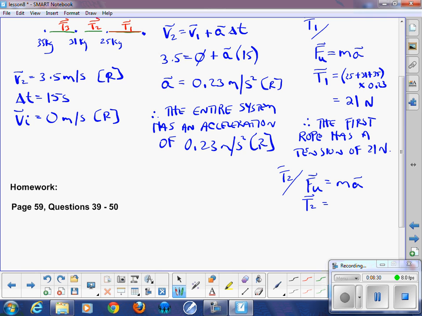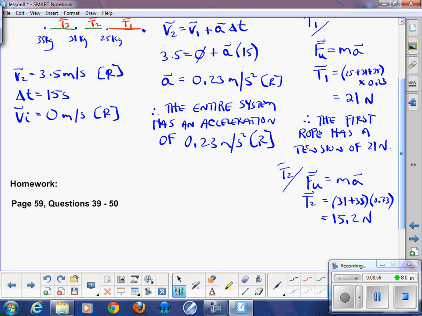That second rope is only carrying the 31 kilogram child and the 35 kilogram child. So you'd have 66 times 0.23. It's no longer carrying that third child. So the tension in that next rope is only 15.2 newtons.